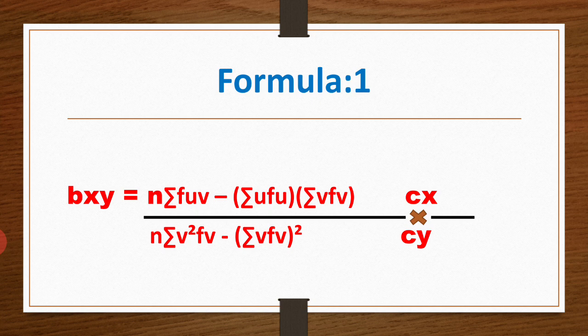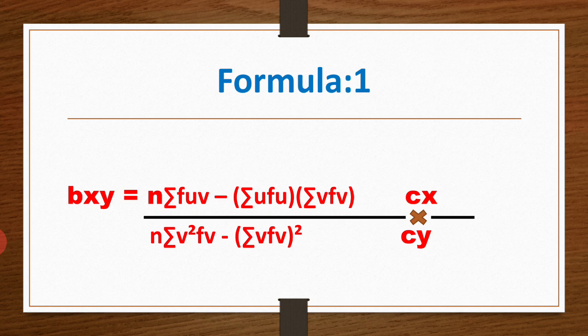Suppose the x on y equation is given, then apply the formula bxy. Bxy is equal to n sigma fuv minus sigma ufu sigma vfv upon n sigma v square fv minus sigma vfv whole square, into cx upon cy. Again, cx means class interval in x and cy means class interval in y.